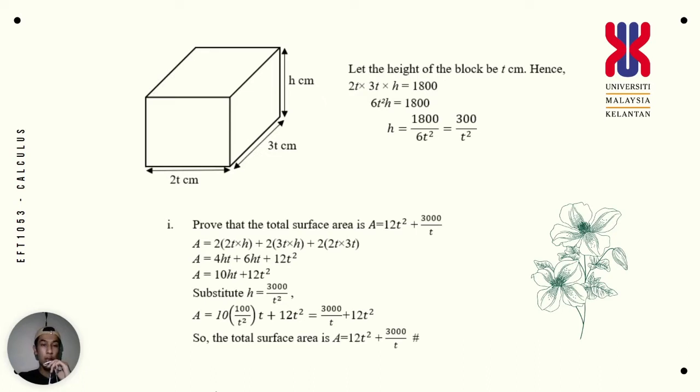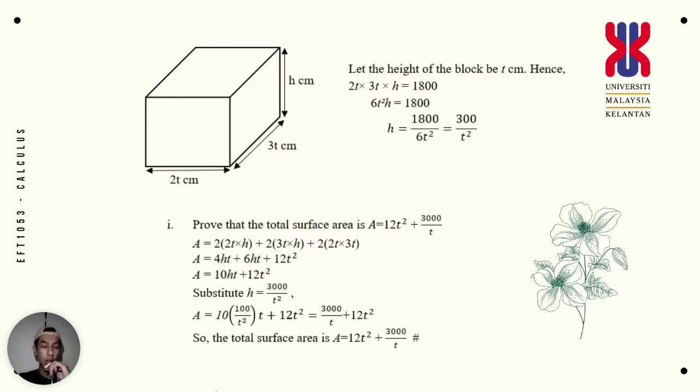To prove that the total surface area is A equal to 12t² plus 3000 divided by t, the area equals 2 times 2t times h plus 2 times 3t times h plus 2 times 2t times 3t.